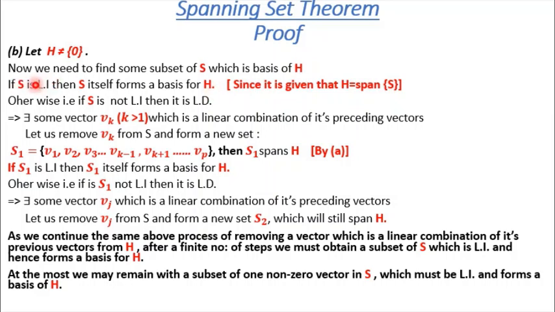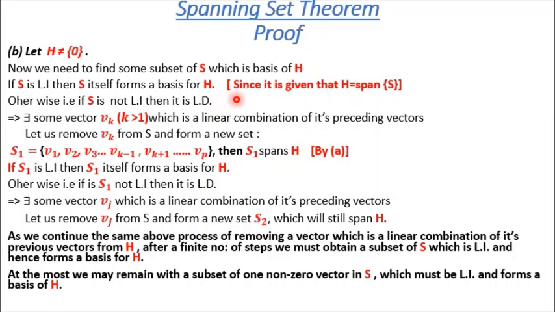But there is no guarantee that S should always be LI. So if S is not LI, then it is LD. Now, what do we know about a linearly dependent set?